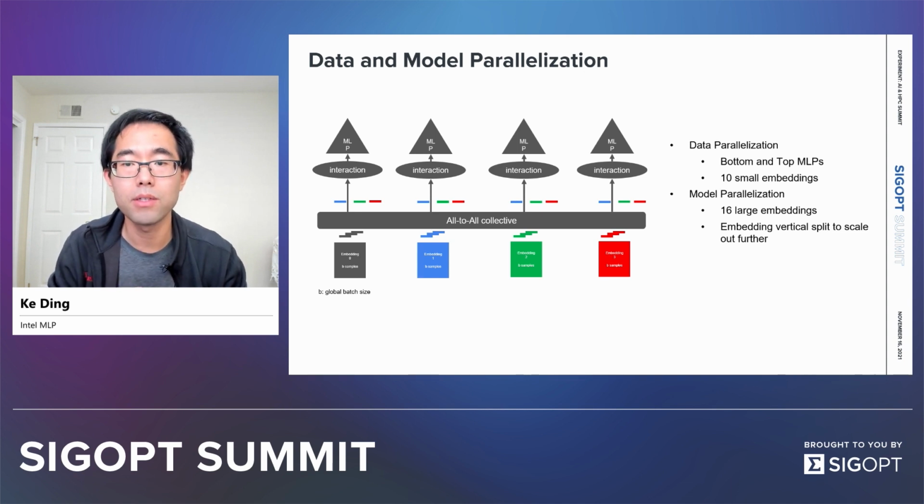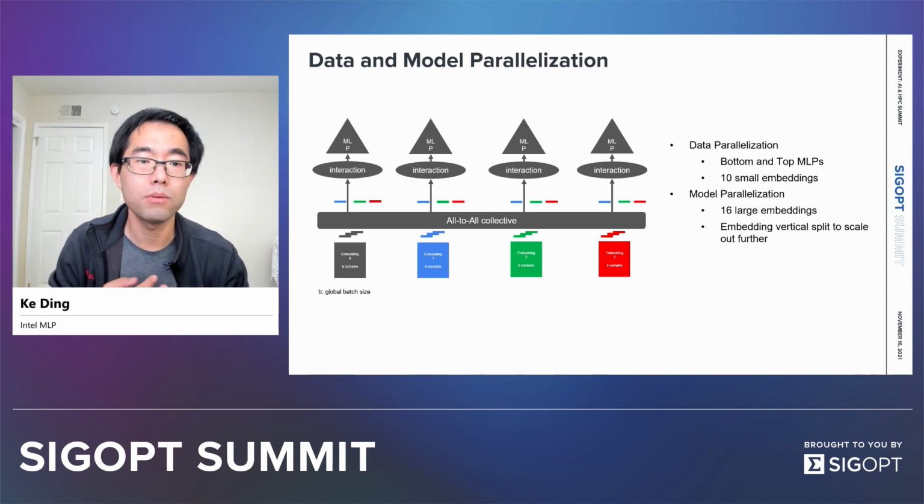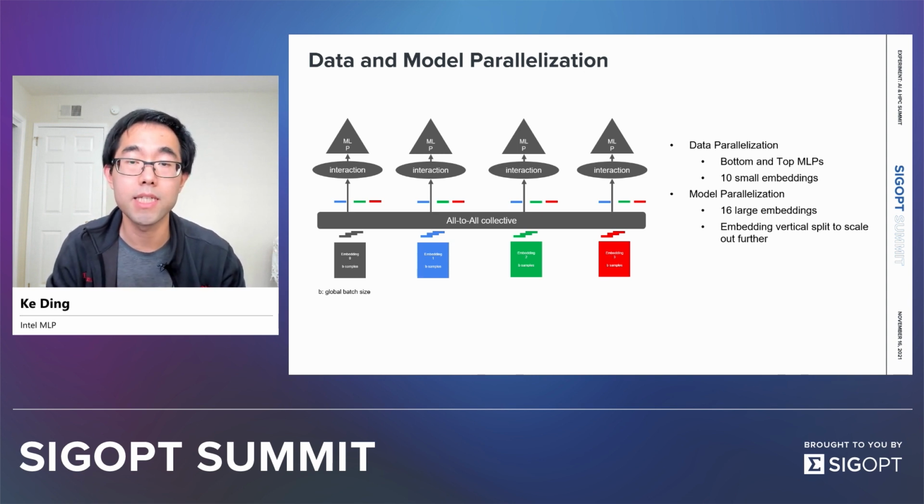For data parallelization, bottom MLP, top MLP, and 10 small embedding tables are replicated in every model instance, and allreduce collective communication is used to average the gradient between ranks. The limitation of this approach is that the number of instances cannot exceed the number of large embedding tables.